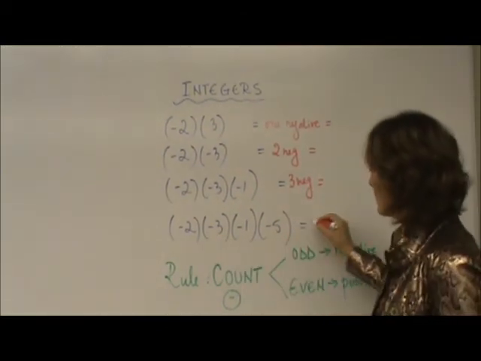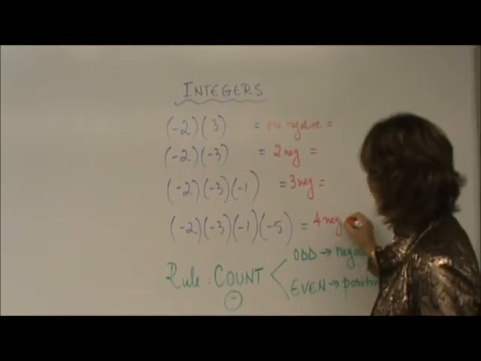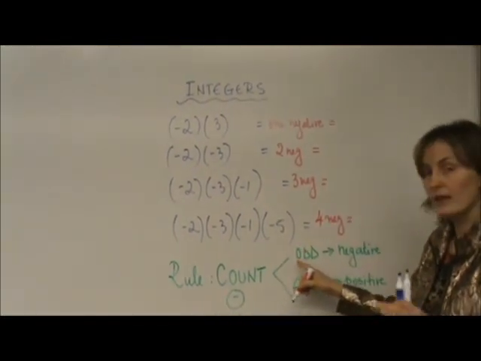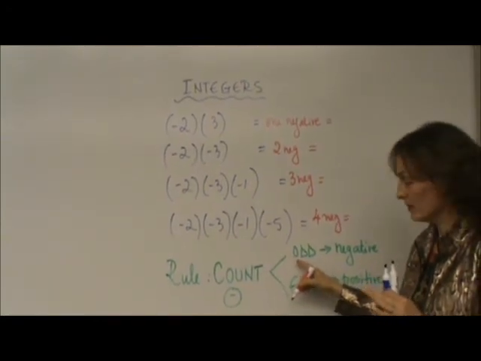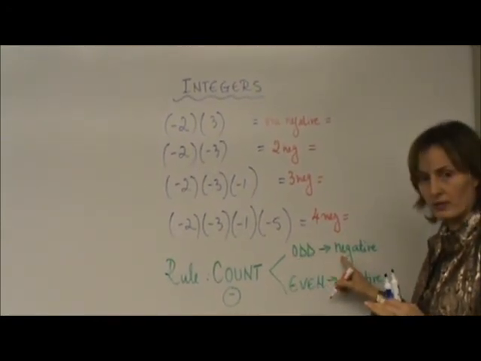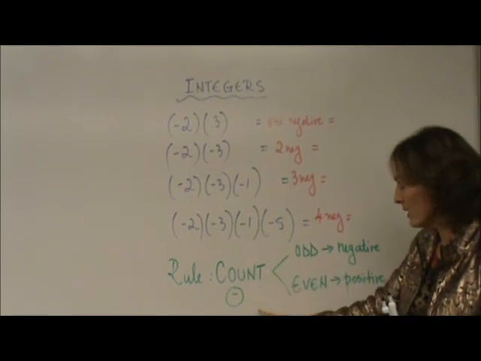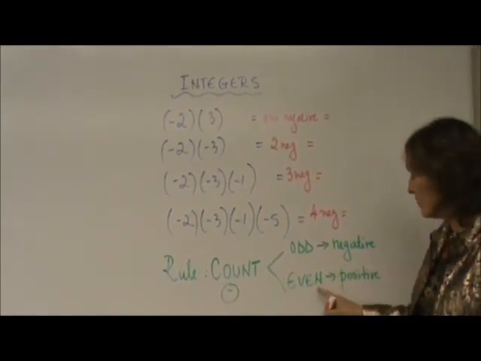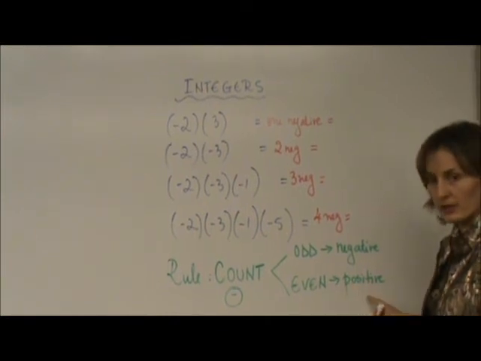And I have four negatives here. According to this rule, if the number of negatives is odd, the answer will be negative. If the number of negatives in a multiplication or division problem is even, the answer is going to be positive.